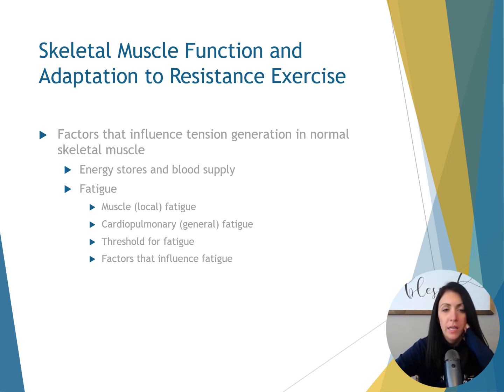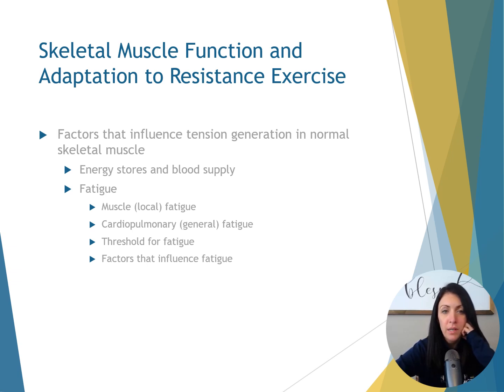It's important to understand that the force producing capacity of normal muscle during an active contraction is fundamental to understanding how the neuromuscular system adapts to resistance training. Morphological, biomechanical, neurological, metabolic, and biochemical factors will all affect the tension generating capacity of normal skeletal muscle.